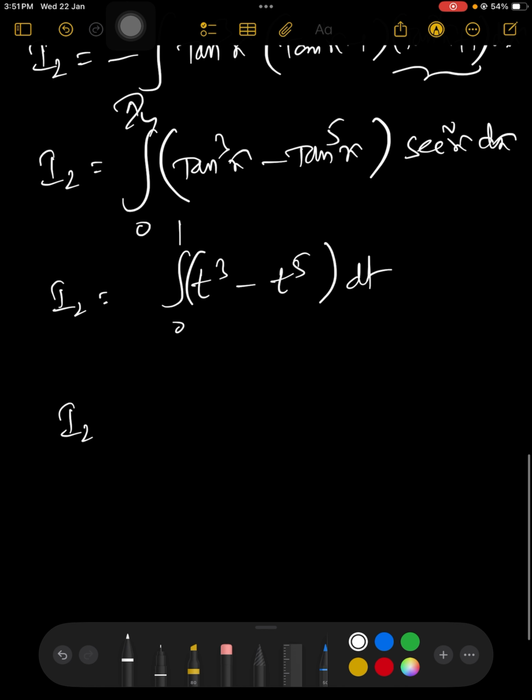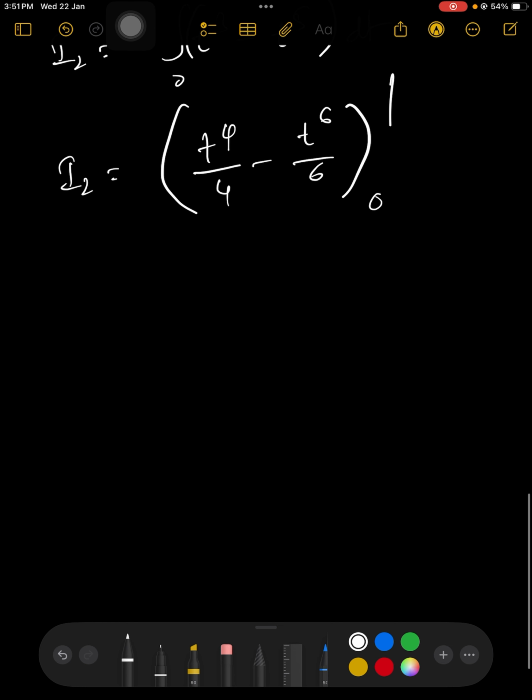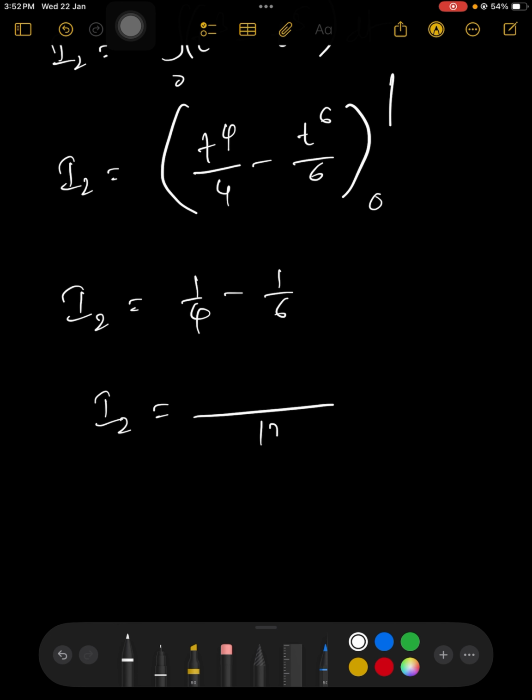Again, that is I2 equals t power 4 by 4 minus t power 6 by 6, from 0 to 1, so that I2 equals 1 by 4 minus 1 by 6, then the LCM is 12, 3 minus 2, that is 1 by 12.